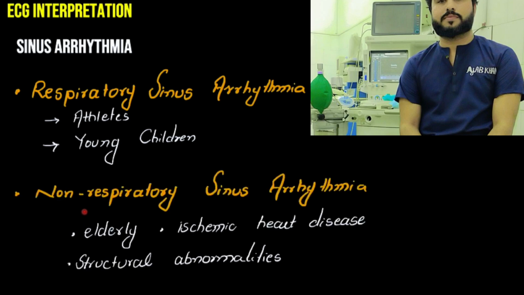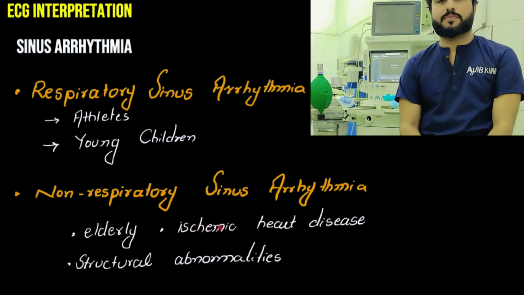And then there is something called non-respiratory sinus arrhythmia. Remember, non-respiratory sinus arrhythmia is not normal because it is not related to respiratory inhalation and exhalation. The sinus node sometimes starts firing more and sometimes the sinus node gets slow. That is not related to respiratory inhalation or exhalation, and that is not a normal thing.